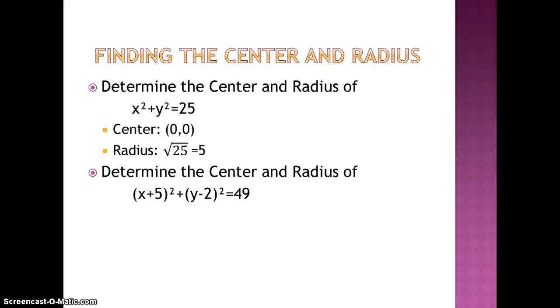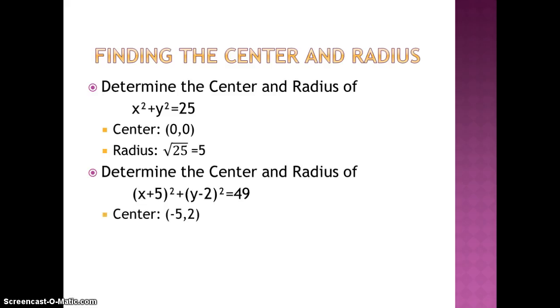Determine the center and radius of (x + 5)² + (y - 2)² = 49. For this equation, we notice that x is being added to 5, so our x would be -5, and our y is being subtracted with 2, so 2 would be our y.